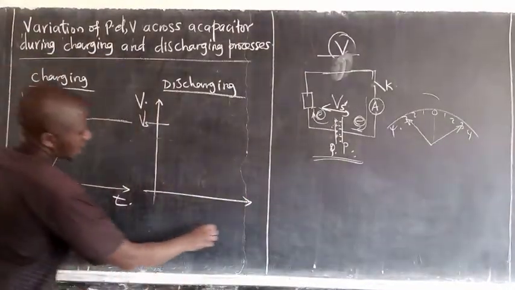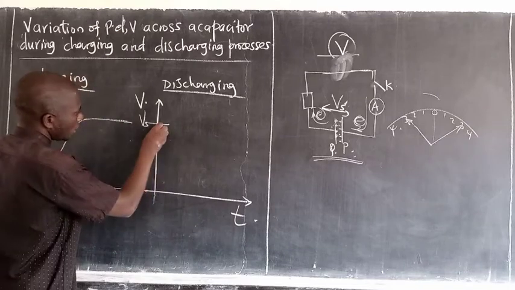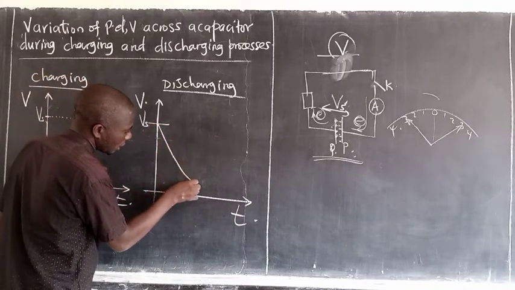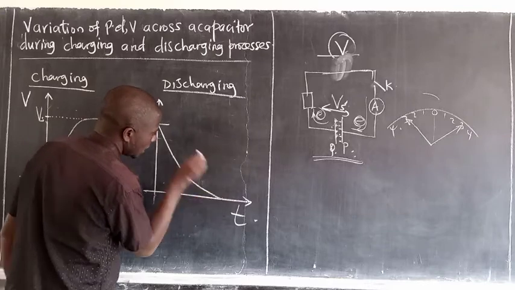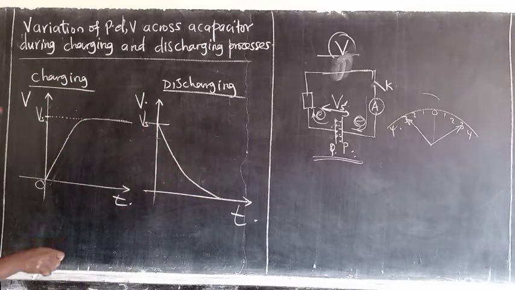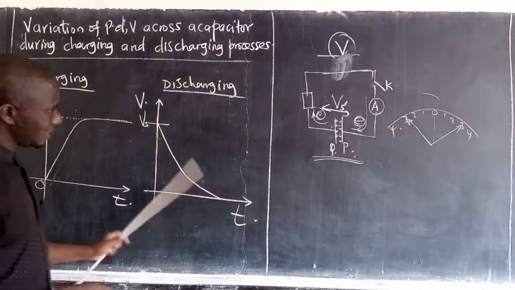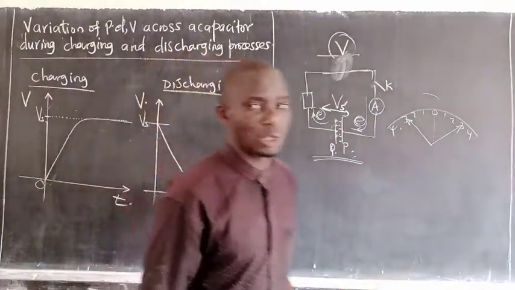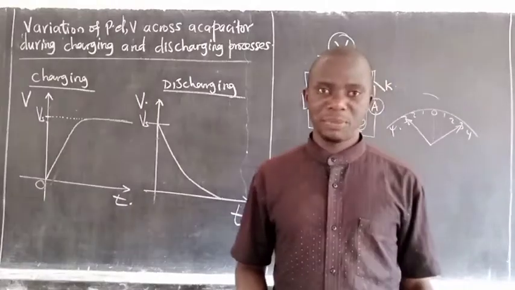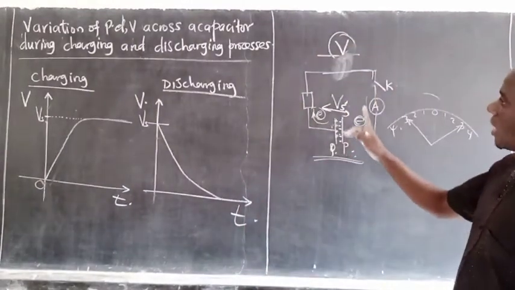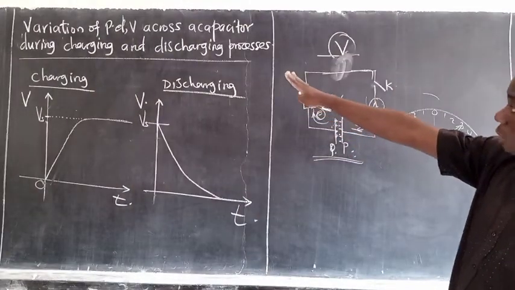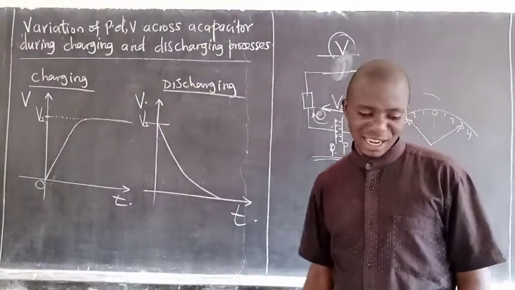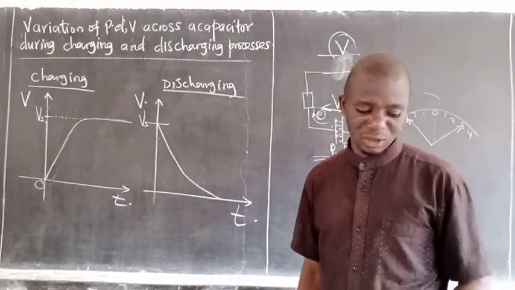As time goes on, this will keep on reducing until it is equal to 0. At that time, the meter will have shown the maximum deflection and it will stop there. That is the variation of the PD across the capacitor plates during the charging and the discharging process. I know you enjoy this one.